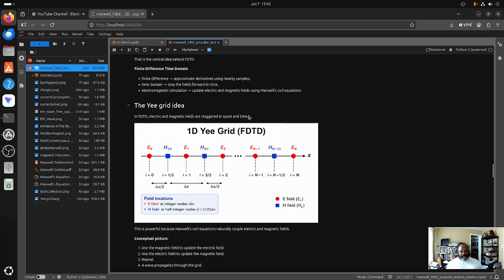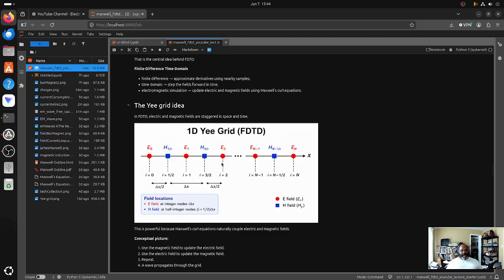I also mentioned in that first video the Yee Grid, because these fields generate each other: the electric field generates the magnetic field, which generates the electric field. Here I'm showing a one-dimensional simulation area, with an electric field at this grid point equal to 0, then a magnetic field at a grid point half a grid away, then another electric field, another magnetic field, and another electric field.